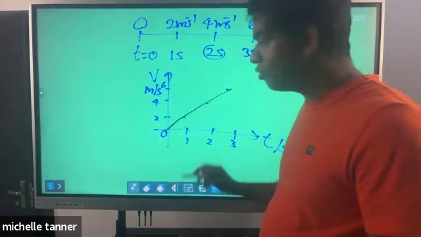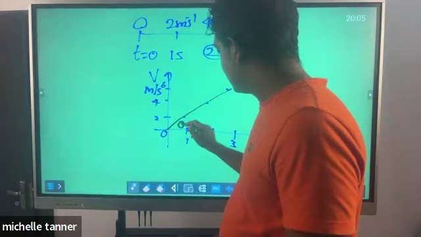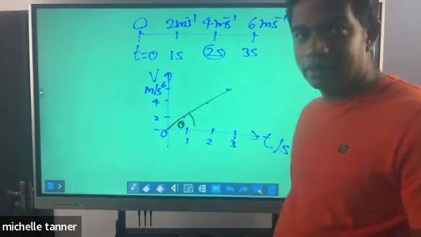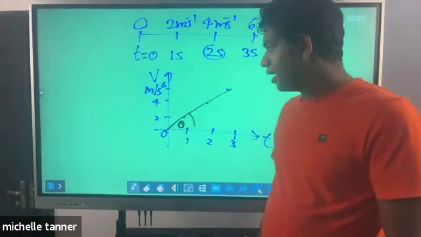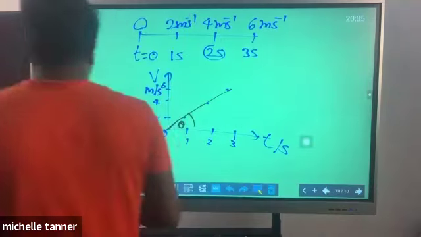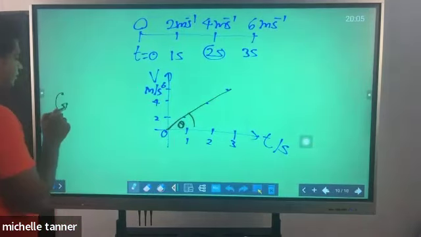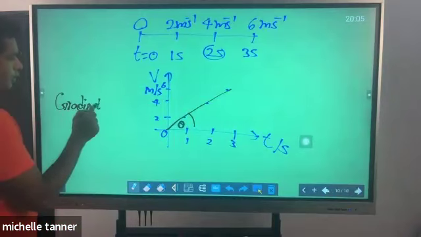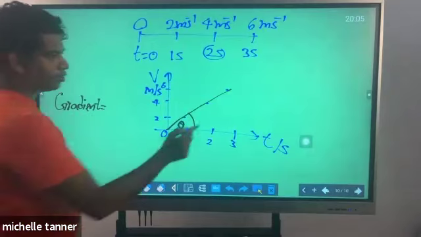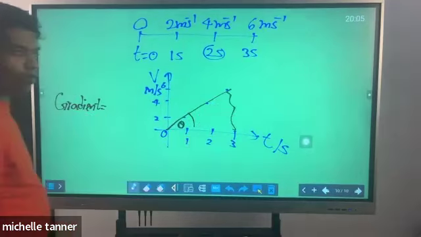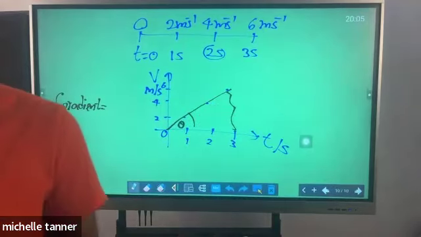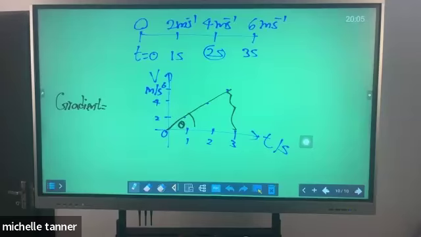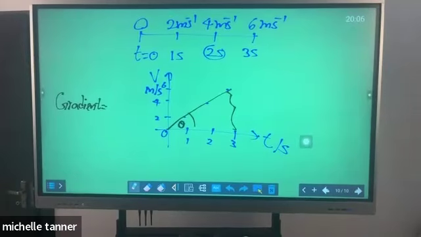This is the velocity time graph. Then theta is the angle. And you have to know what the gradient is. Gradient means the y coordinate difference over the x coordinate difference. Remember that? Or there's another method, tan theta.